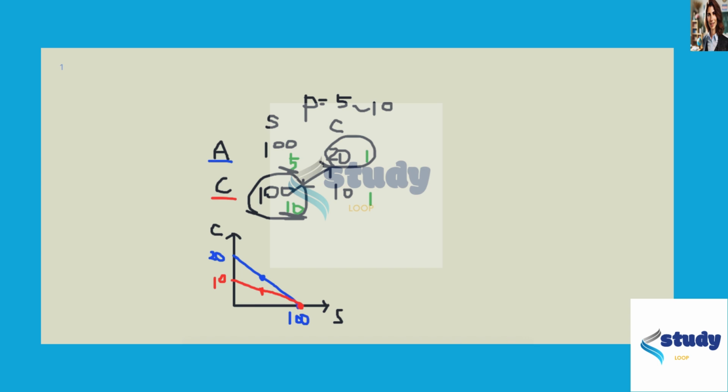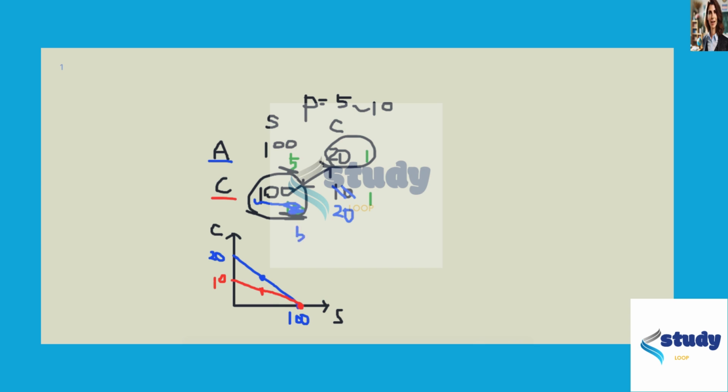Now we know that China has advanced in technology, so they still produce 100 shirts, but they can also decide to produce 20 computers. So now their ratio is exactly the same, both 5 to 1.